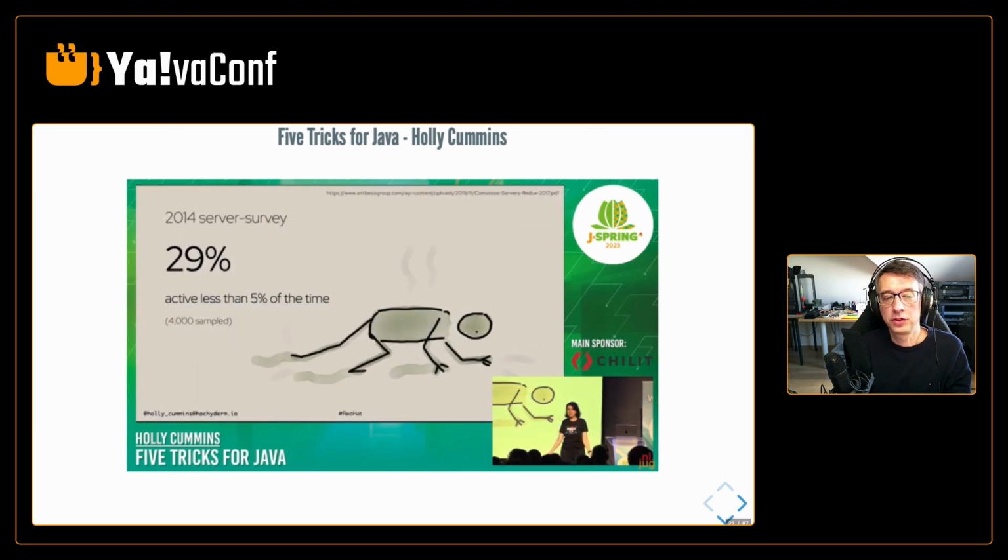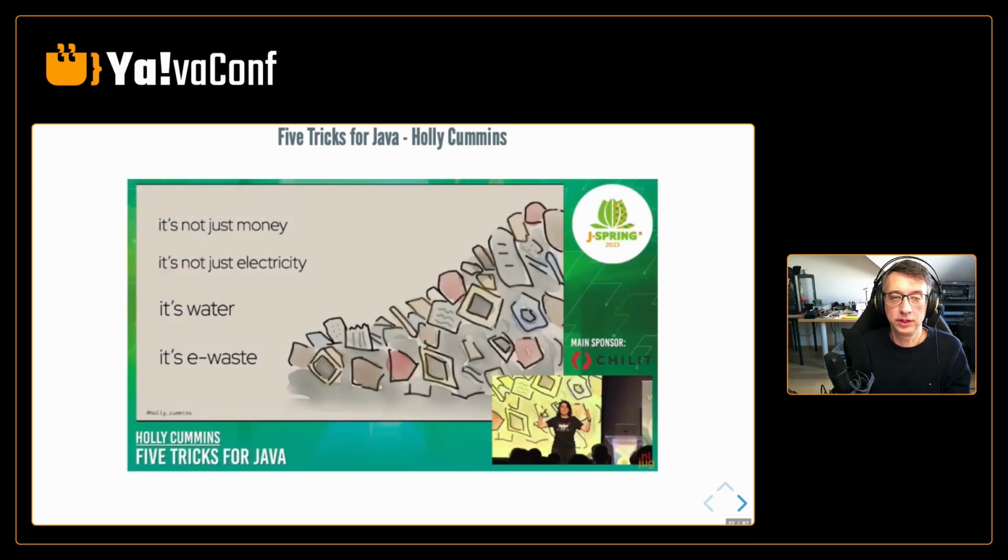Because there are a lot of servers doing efficient work only 5% of the time. So there are a lot of servers that are actually not used, costing the company money, but also costing the ecosystem a lot of energy. So it's not just about money and electricity, it's also about waste, because servers which are not used a lot still wear out and need to be replaced after some time.